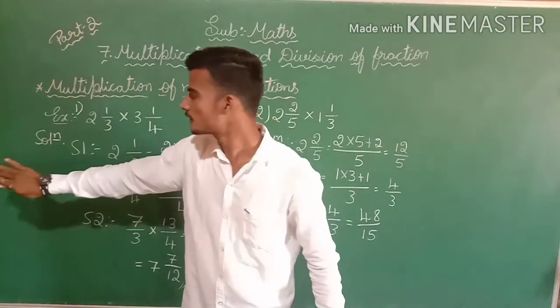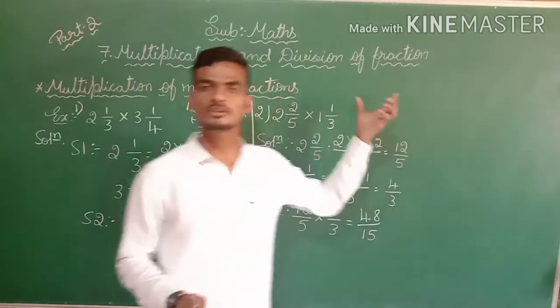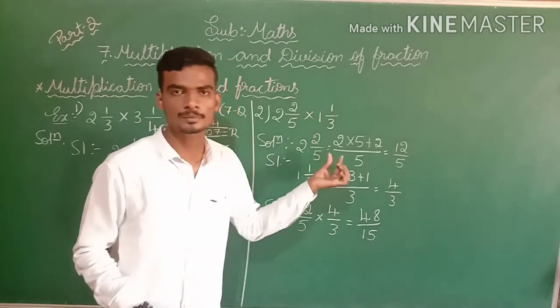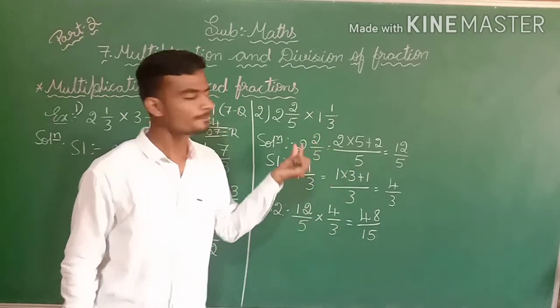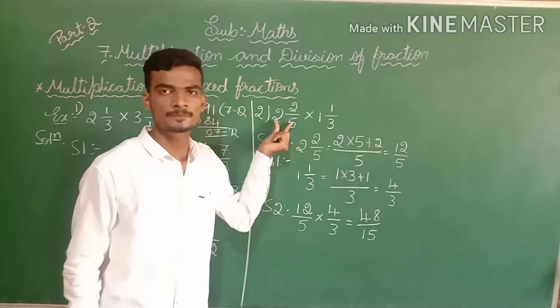The same steps you followed in the first problem, you have to follow for this also. What are the steps you have to follow here? In step 1, first you want to convert these mixed fractions into which fraction?